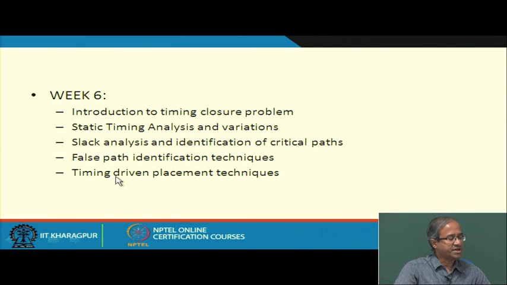Then we moved on to the timing related issues. In week 6 we started with an introduction to the timing closure problem. Then we looked at the very important issue of timing analysis, related problems of slack analysis and how to identify the critical paths.